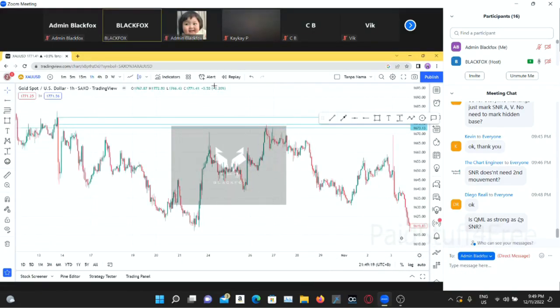I see. Apa questionnya tadi? SNR doesn't need second movement. Oh, SNR need second movement also. SNR needs second movement also.